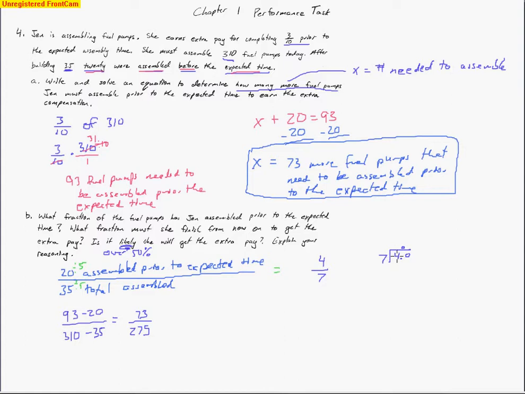So 7 doesn't go into 4, but it does go into 40 5 times. And it leaves me with 5 left over. So I'll bring down the 0, and I get a 7 here. I'm going to go one more time here. I got 1 left over, so bring down the 0, and I go 1 time. So it's going to be about 57%. Move the decimal 2 spaces over, and that changes it to a percent.